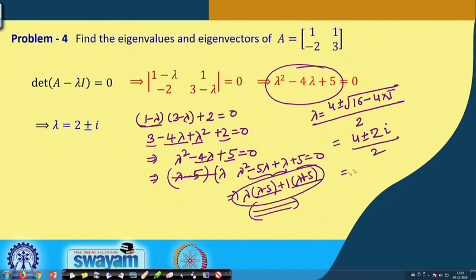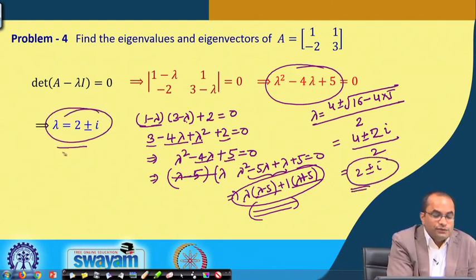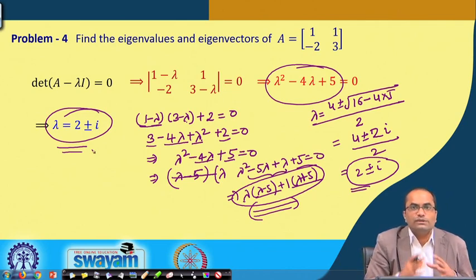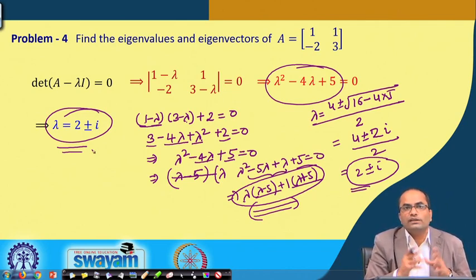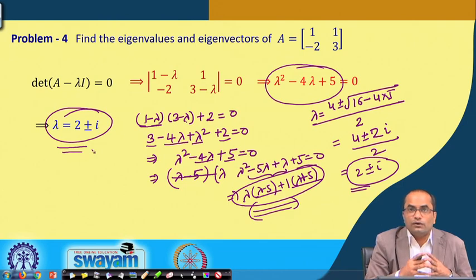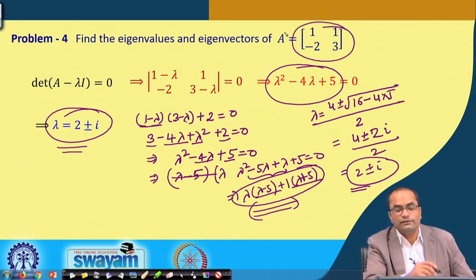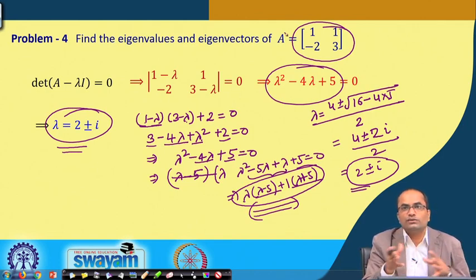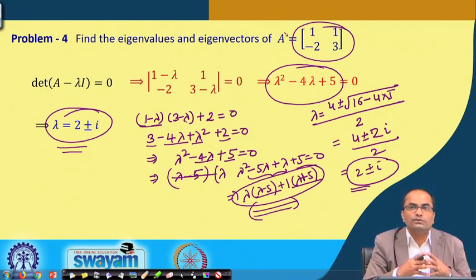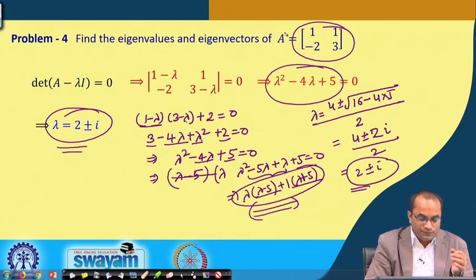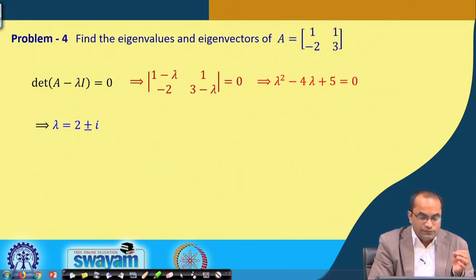So, this is 2 plus minus i, the eigenvalues here. So, there are 2 eigenvalues. What is interesting in this example is that we are getting 2 complex values for the eigenvalues, though the matrix here was a real matrix. We had the entries 1 1 minus 2 and 3, but we are getting 2 complex values for the eigenvalues in this case.